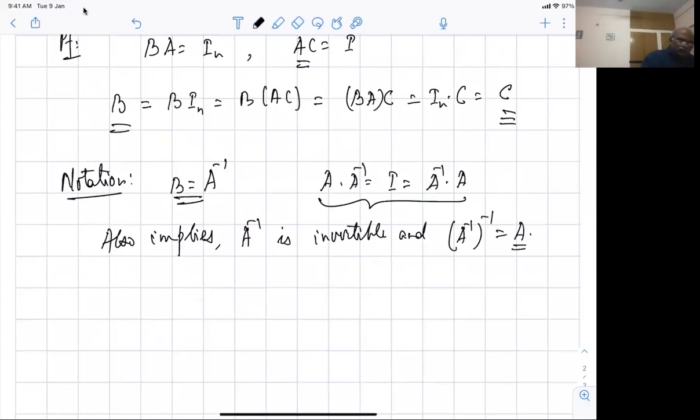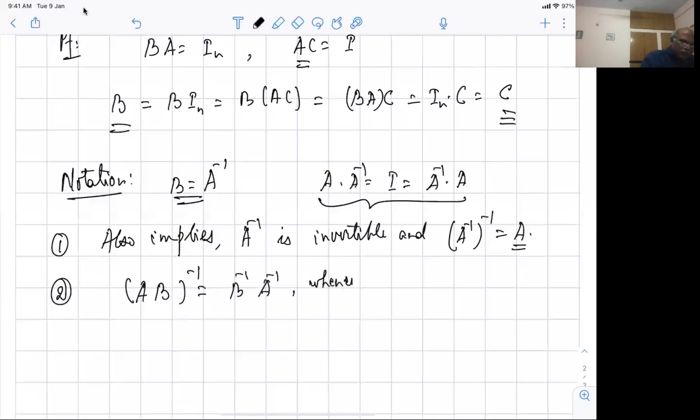Fine. So there are other results also here. Another result that we have is that if A and B are invertible, then the inverse of AB will be equal to B inverse A inverse. Whenever I have invertibility, I have this result with me.